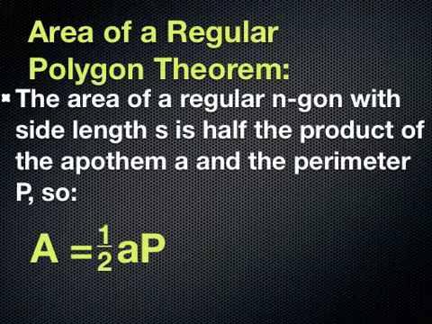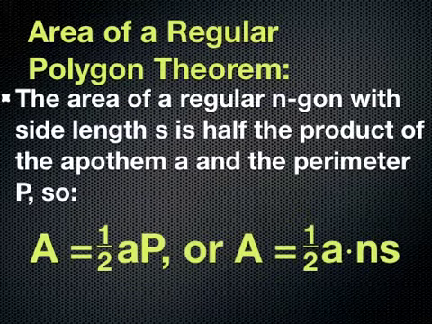If you break this down a little bit more, this is the same thing. Instead of saying perimeter, I'm saying n times s. So the area of a regular polygon equals 1/2 the apothem times n, the number of sides, times s, the side length.